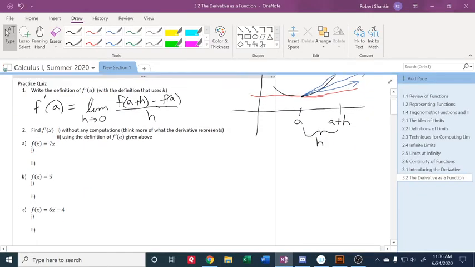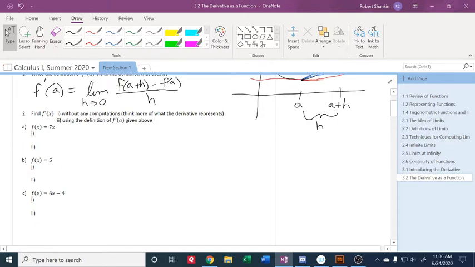Alright, number 2, find f prime of x. Now, the derivative, we're going to be looking at it a little bit more globally in this practice quiz problem. Find it without any computations.